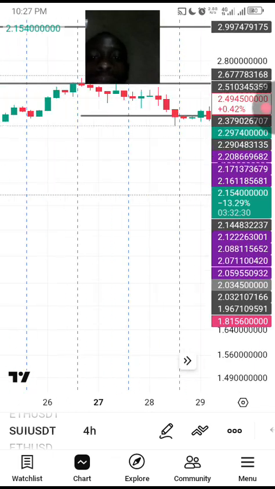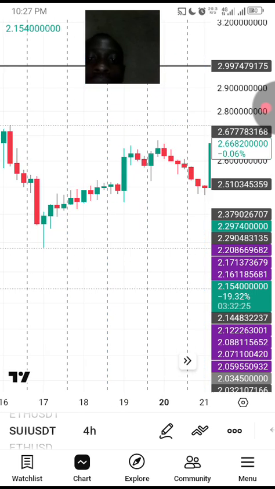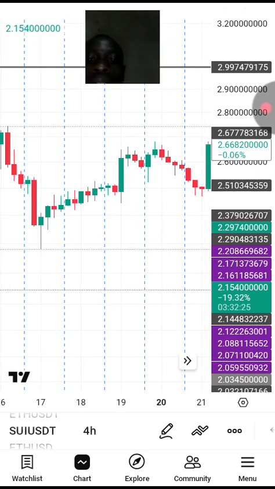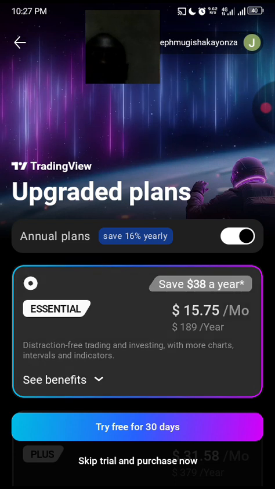So let's look. Let me show you something. Even look, like here. The market pushed all the way down, forming this. Do you see?